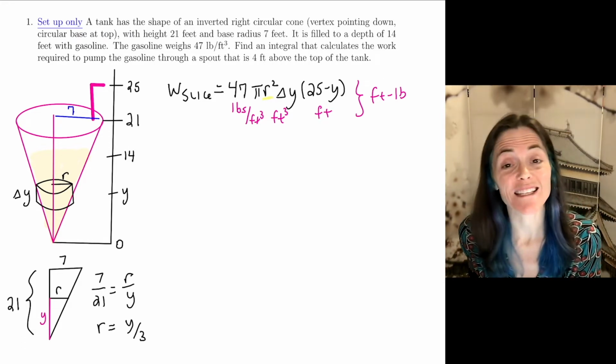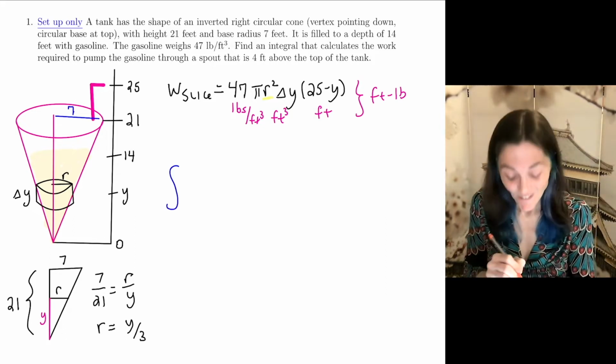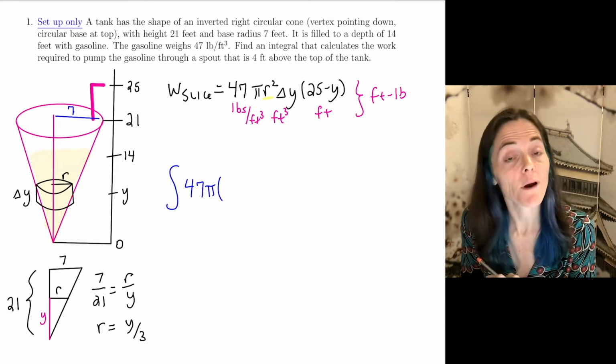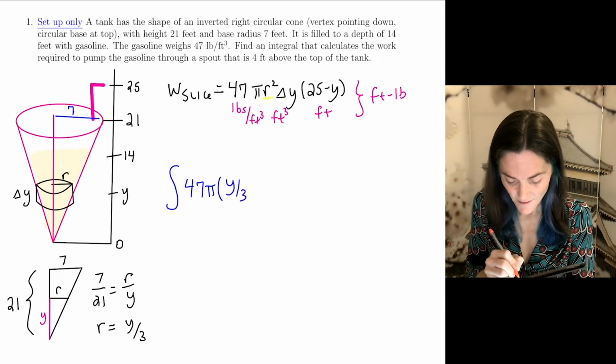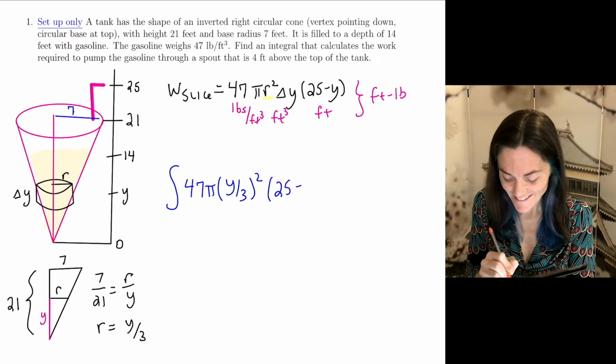But now I'm ready to just immediately write down my integral. We have 47 pi, and then we found r as a function of y. r is y over 3, and then squared, times 25 minus y.